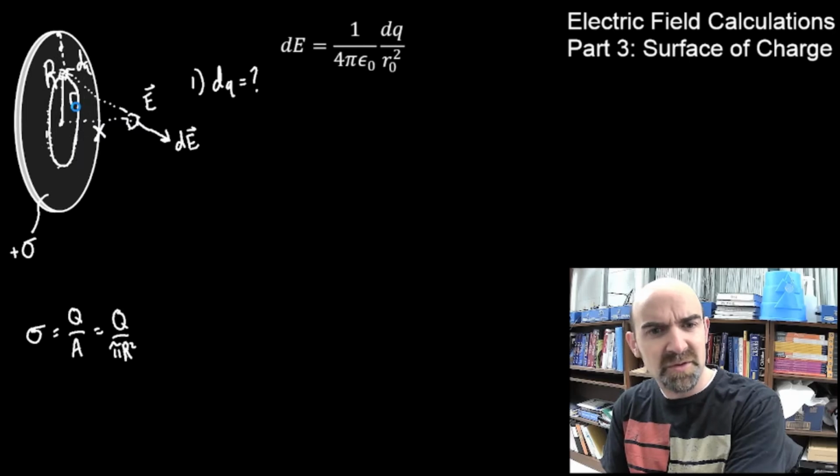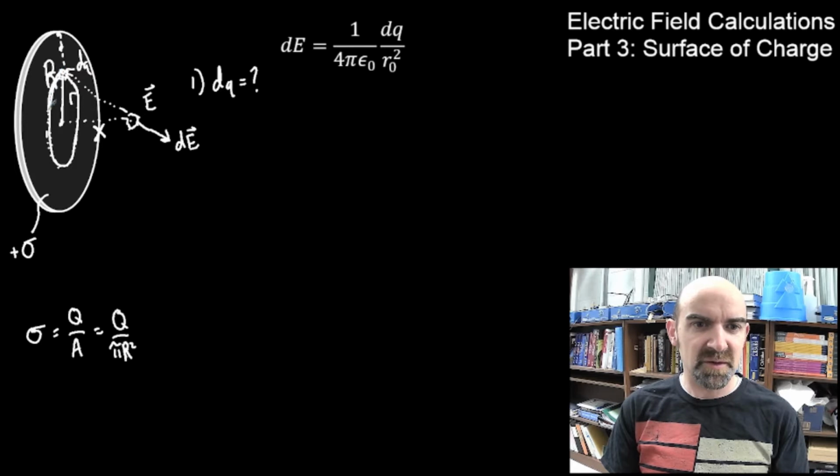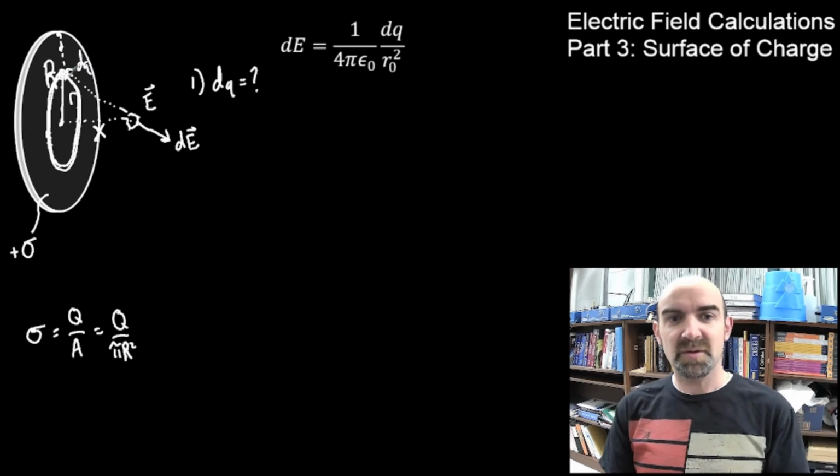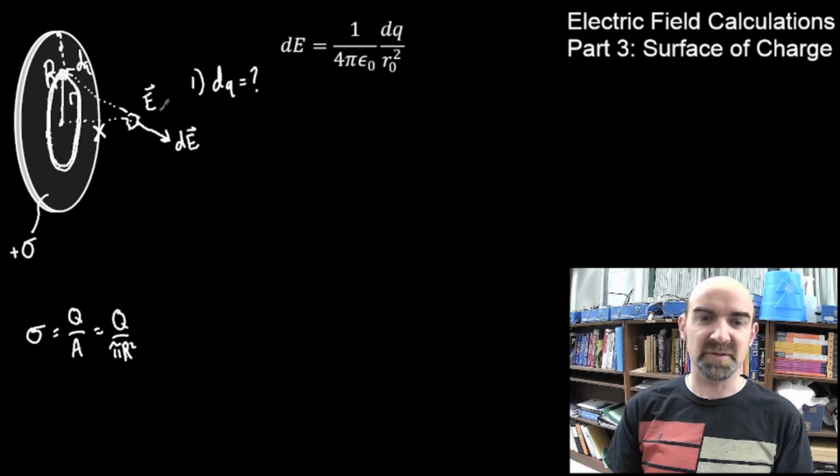So instead of calling my dq a little square here, let's just make it an infinitesimally thin ring. And that's what we're going to define as dq. Right? Because it would all have the same amount of electric field intensity.